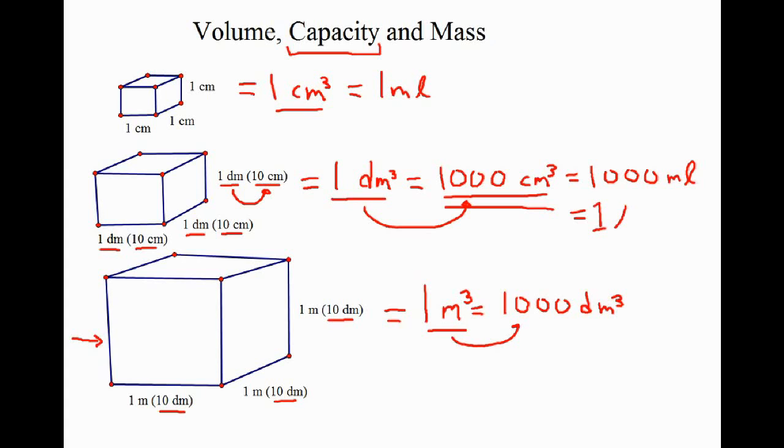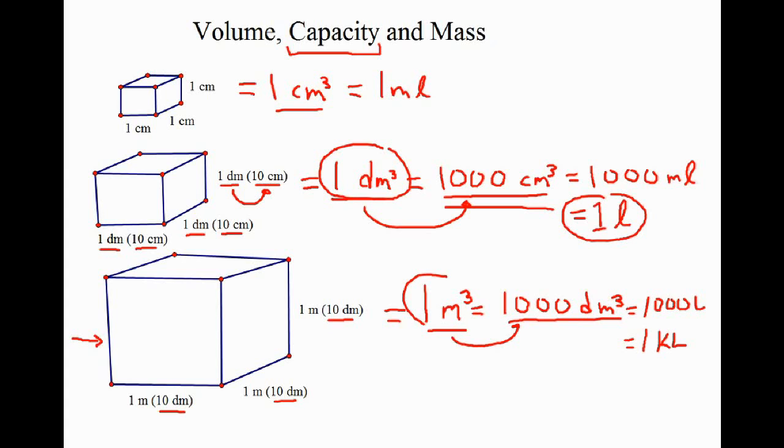So if we have 1 decimeter cubed of liquid, that's 1 liter of liquid. If I have 1,000 decimeters cubed, I have 1,000 liters. And 1,000 liters is 1 kiloliter. So 1 meter cubed of liquid is the same as 1 kiloliter of liquid.